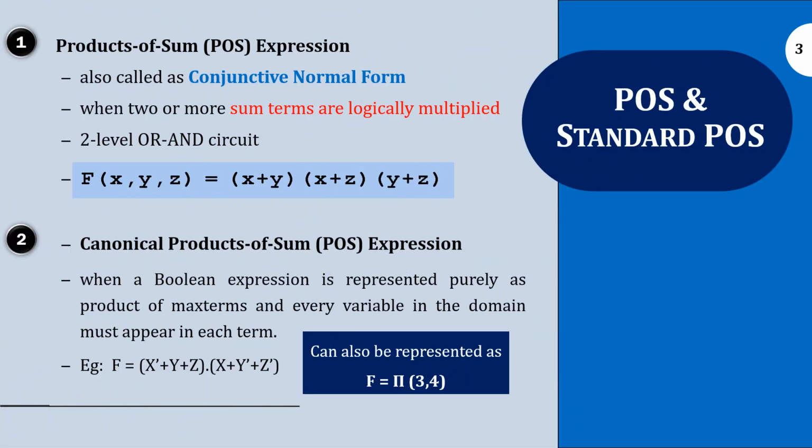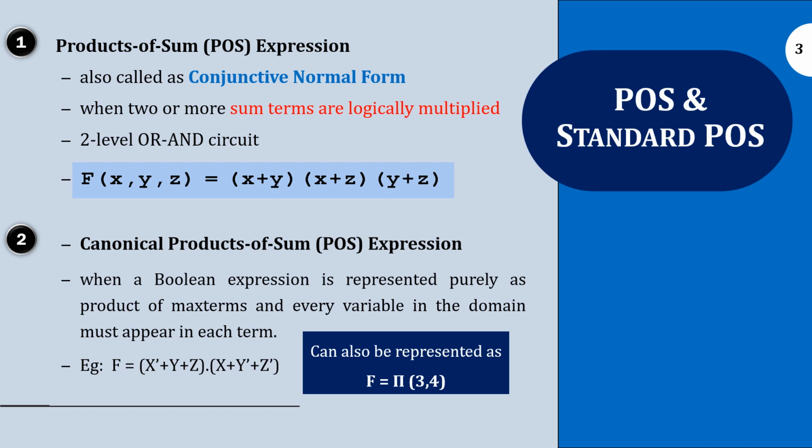Now we know what a max term or a sum term is. Let's look into POS and standard POS expressions. When two or more max terms or sum terms are logically multiplied, we get a POS expression. For example, the sum terms x plus y, x plus z, y plus z.